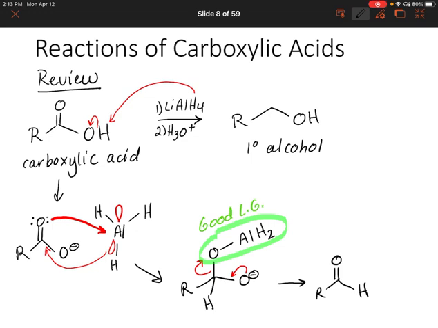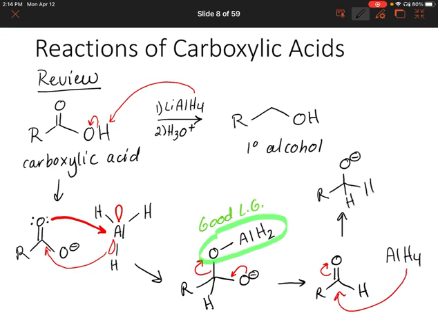So a hydride from our aluminum hydride molecule will come in and attack, and we end up forming a negatively charged oxygen.